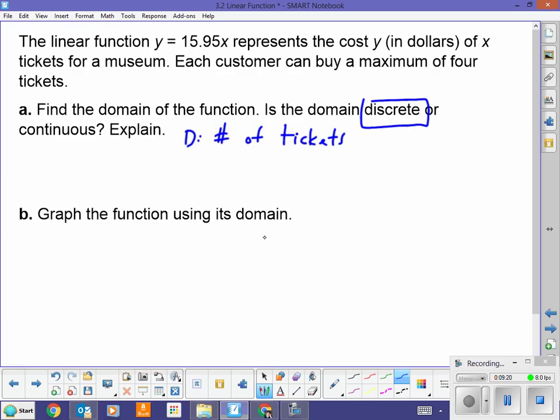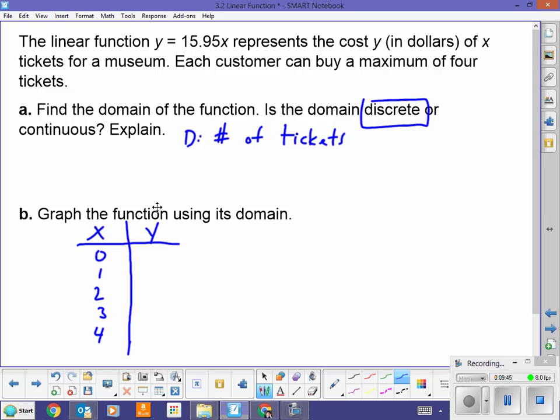And it says graph the function using its domain. Okay, so if I was to graph this function using its domain, I could put a table together like so. I'm just going to do a rough sketch here, and I'll have 0 tickets, 1, 2, 3, 4. That's the maximum. So the domain here is 0 to 4, because that's the most I can buy.